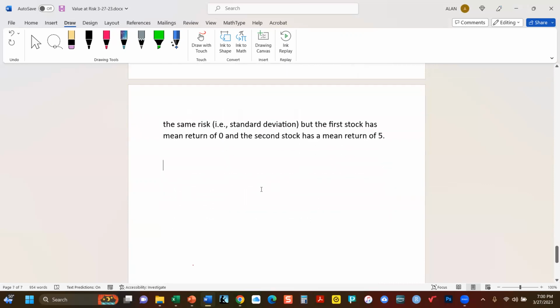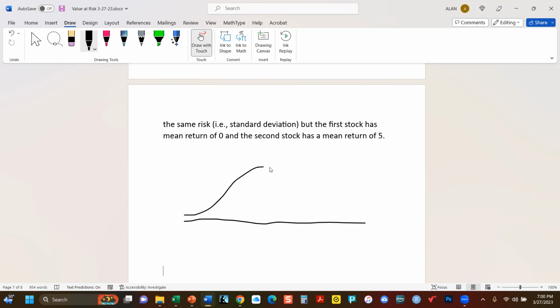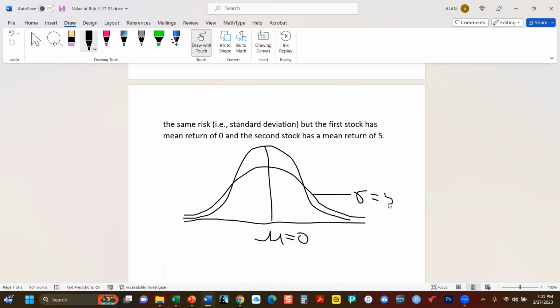Now we're going to see the opposite case where they have the same mean but two different standard deviations. Okay, so they both have a mean of 0. The one that's really spread out has a standard deviation of, let's say, 5. And this one, it's 1, just to make it simple.